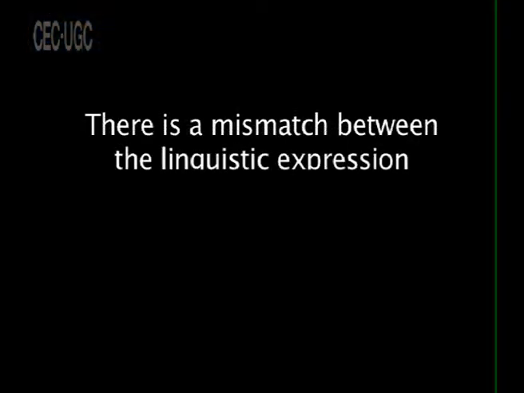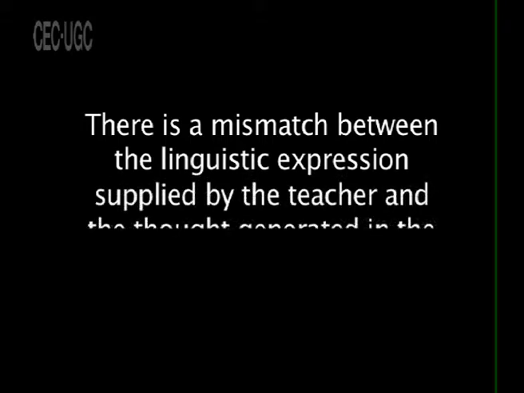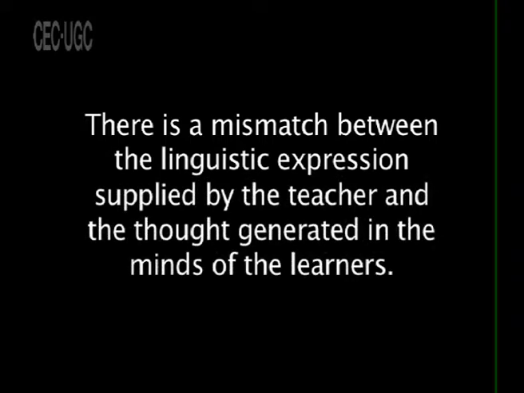These are the ideas generated in the mind of the learners when the teacher says the sentence, this is a pen. So there is no correspondence between what the teacher says and the ideas generated in their mind. Obviously, they are all related to pen, but not exactly what the teacher has said.